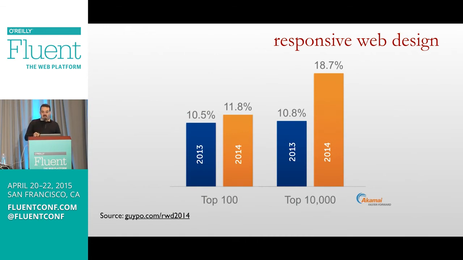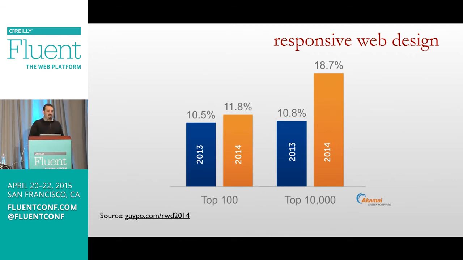So today, responsive web design differs in terms of how many websites we have out there, whether we are talking about the top 100 or the long tail. On the long tail, roughly 20% of the websites right now are responsive, and on the top 100, it's about 12%. But that's not the important thing here.